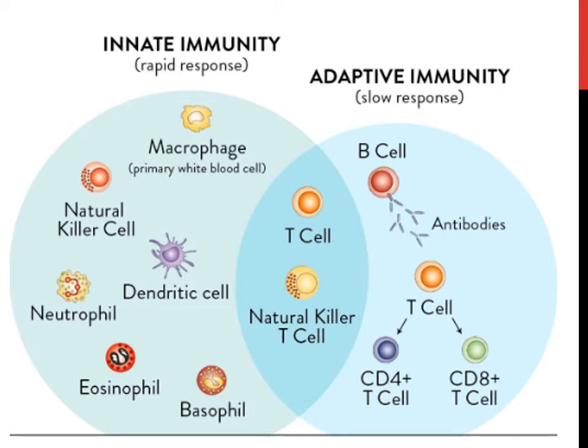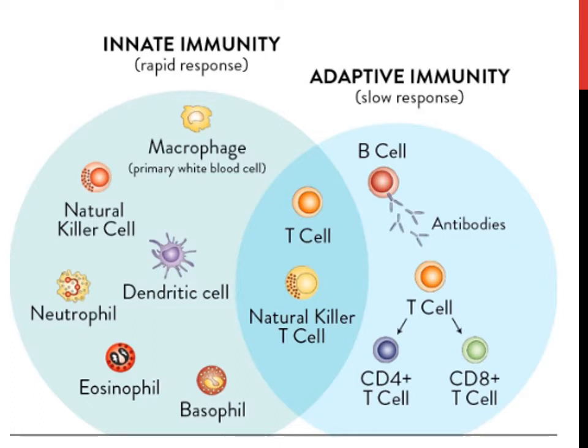Okay? Neutrophils, they're a type of white blood cell that can quickly get to an area of infection and fight the infection. Okay? Both of these can release cytokines, and the cytokines can communicate with the adaptive immune system and let the adaptive immune system know that they need help.